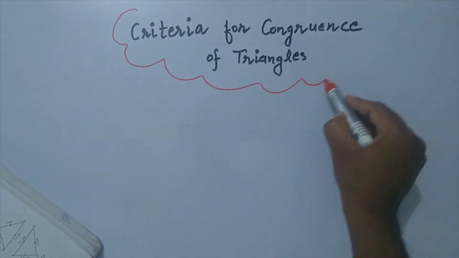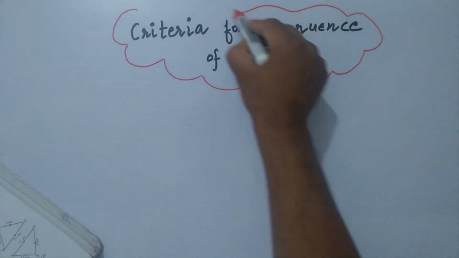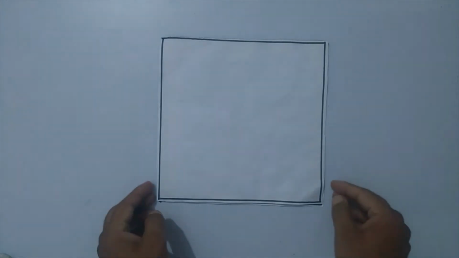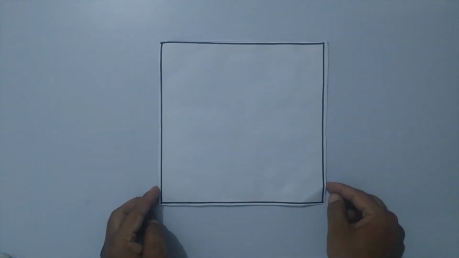Criteria for congruence of triangles. First of all, let us have the introduction of the word congruence. As we have discussed in previous exercise 7.1, congruence means two geometric figures which are exactly the same in shape and size.